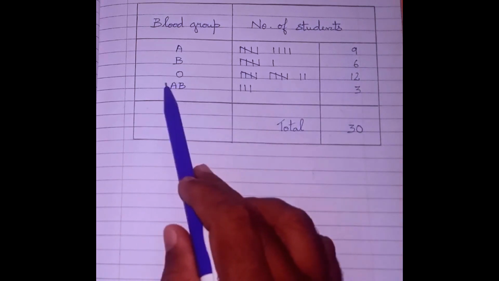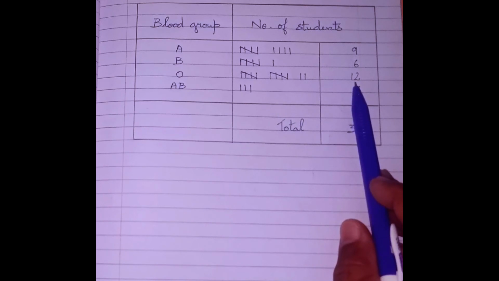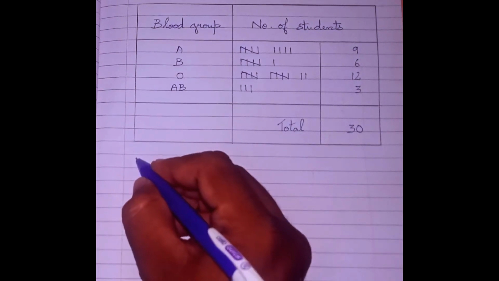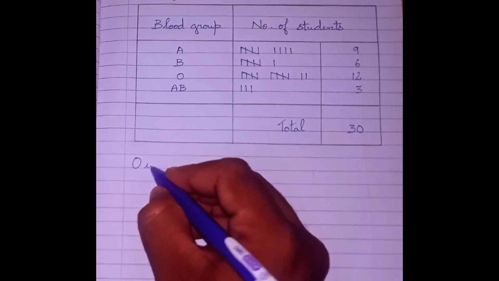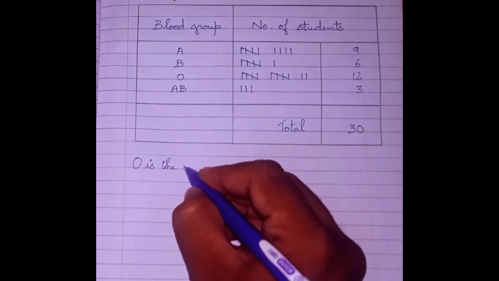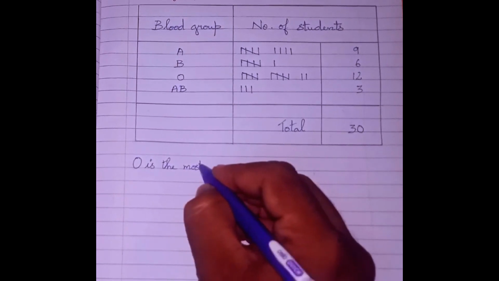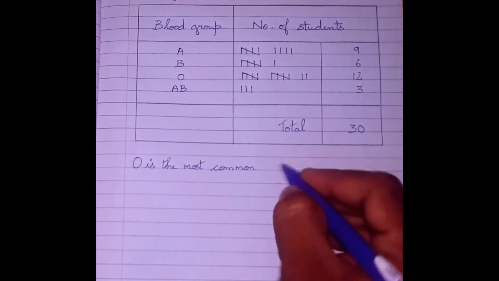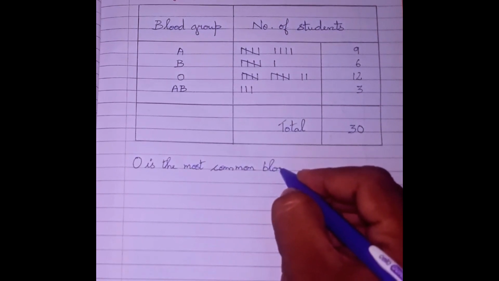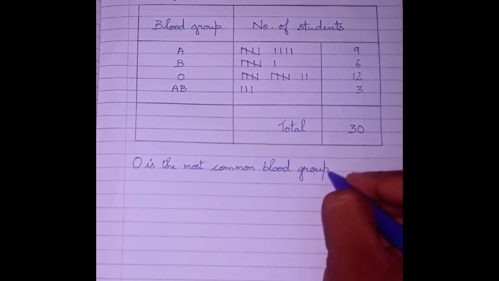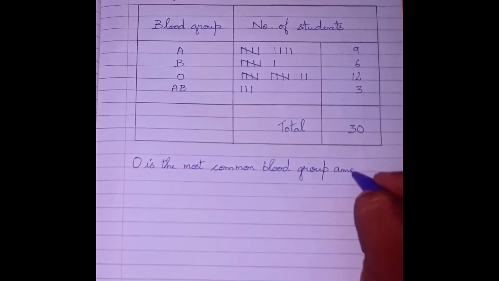So this group is the most common blood group among the students, that is O. So you can write O is the most common blood group among the students.